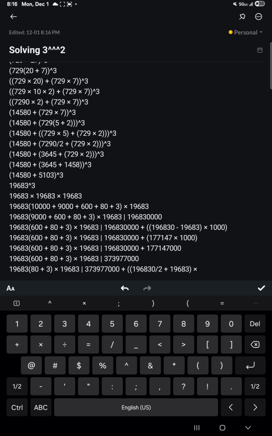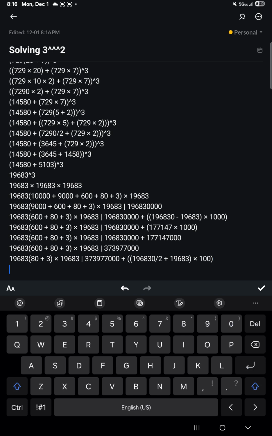And since 600 is a multiple of 100, I factored the 6 out so I can get 6 times 100. Use the distributive property and put the method in. So I'm left with this expression times 100.